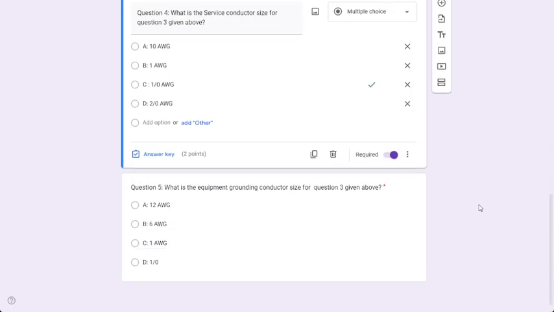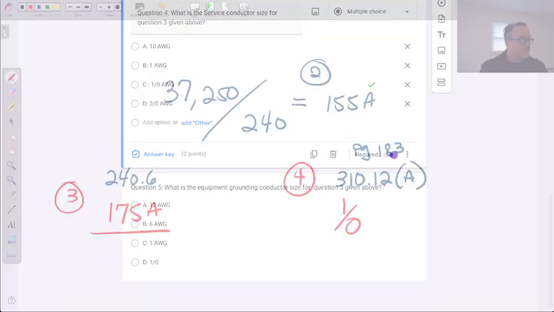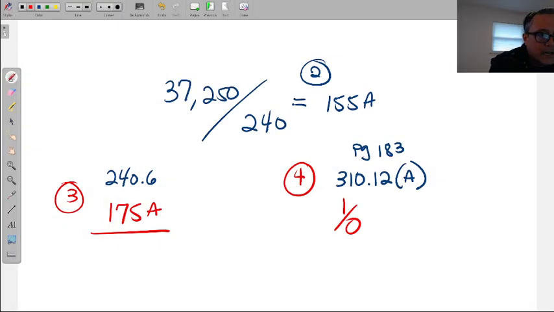So the last question is saying, what size should the equipment grounding conductor be? All right, and this is going to take us to a completely different article and table. You guys will do Article 250 with Mr. Williams next module. Let me restructure this a little bit.